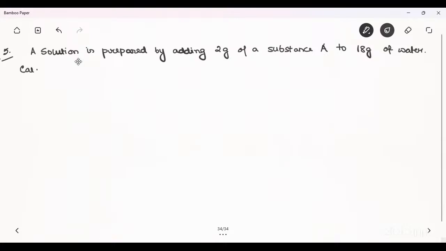Calculate the mass percentage of solute.